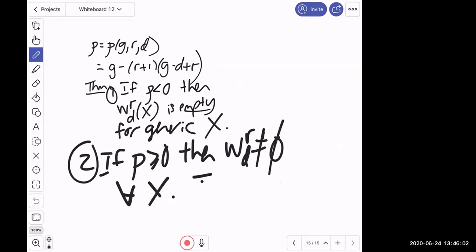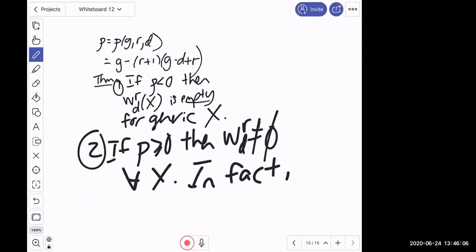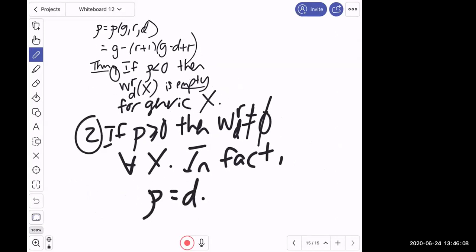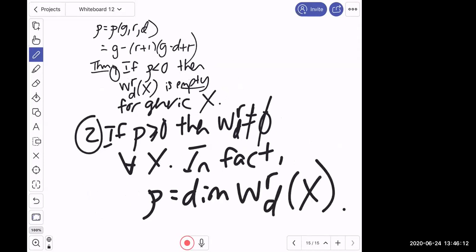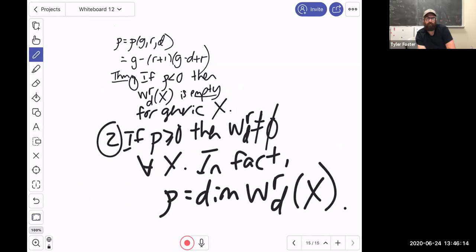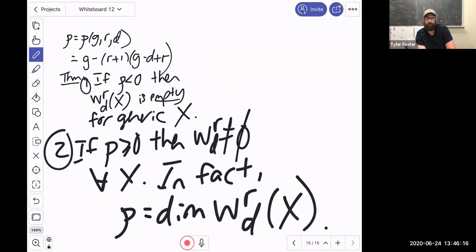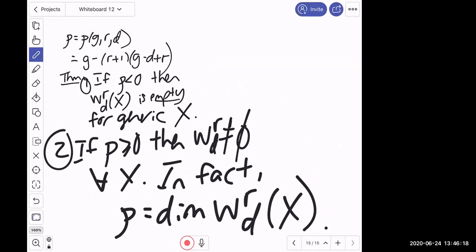And in fact, in this case, rho is the dimension. What does dimension mean? Well, W^r_d is an algebraic variety. So that's what it means.